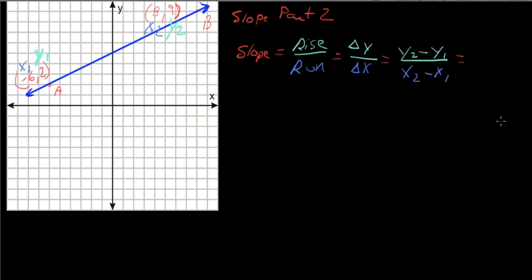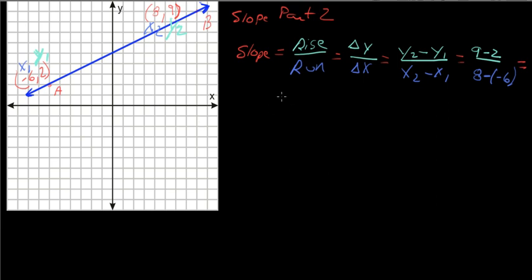So y2, let's start with that, is 9. y1 is 2. x2 is 8. Subtract from that x1, which is -6. This is another one of those cases where things get real tricky in algebra because of these positive and negative integers that pop up all over the place.